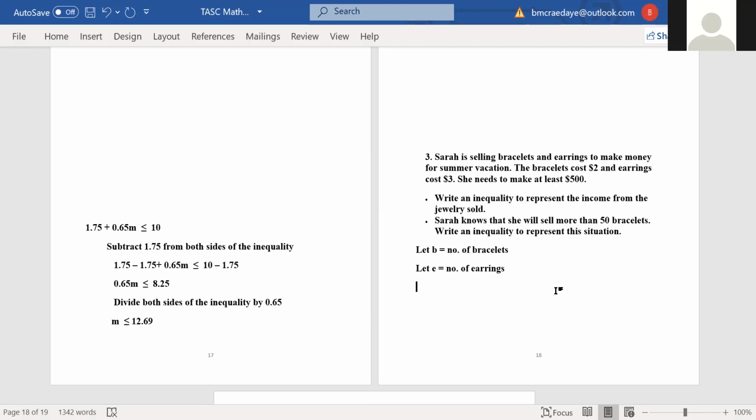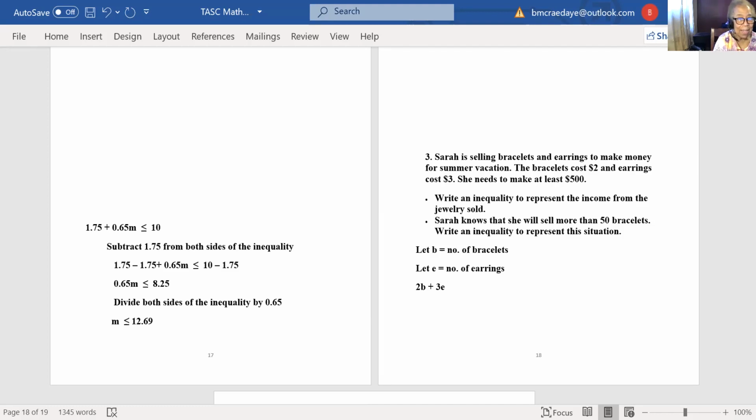Just like you said, 2 times 4, the B is the variable that represents the number of bracelets. So 2B, and what else would I write? Plus 3E for the earrings, $3 times E.